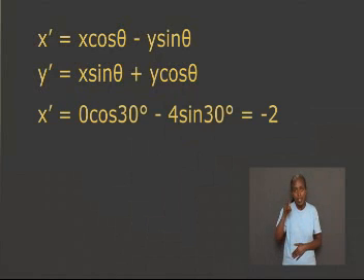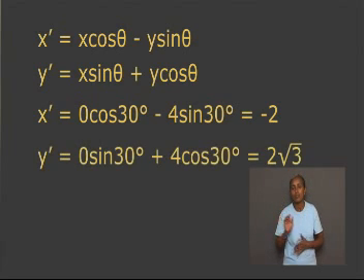X prime is equal to negative 4 times the sine of 30 degrees, which is negative 2. Y prime is equal to 4 times the cosine of 30 degrees, which is 2 times the square root of 3.